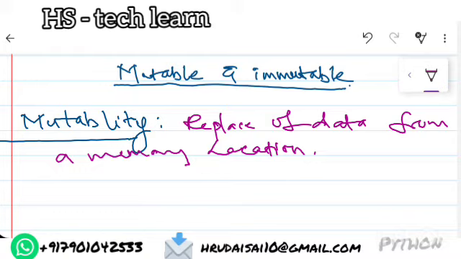In Python there are mutable data types and immutable data types. That is, a few data types will support mutability, that is we can replace the data from its original location. And a few data types will not perform mutability, that is they are immutable.